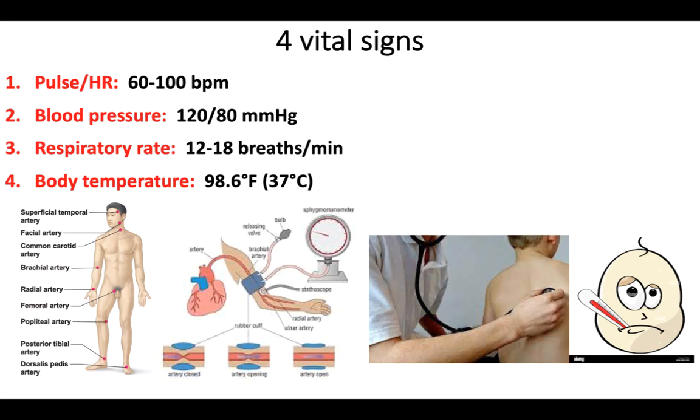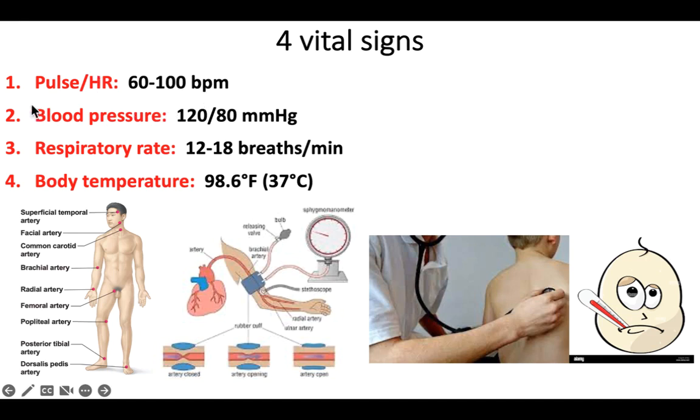And that artery needs to be an elastic artery where you can feel the stretch and recoil that occurs each beat of the heart. Normal range of a resting heart rate is anywhere between 60 to 100. Again, the more physically fit someone might be, the lower. Maybe if they're less physically fit, it might be at the higher end. But this is typically what we think of as a normal resting heart rate.